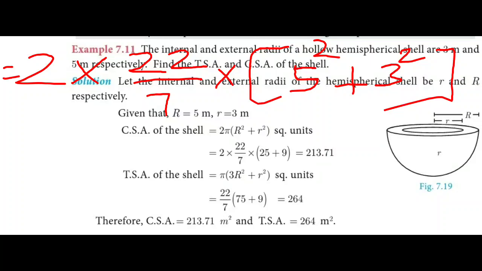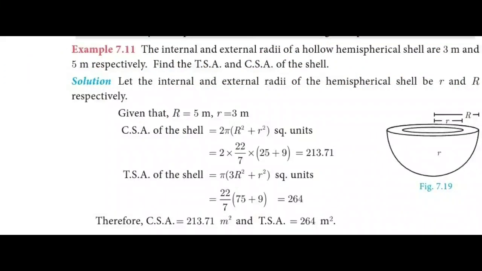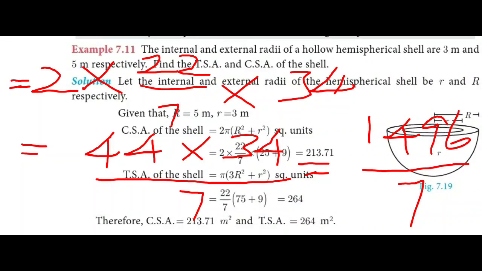Then 2 into 22 divided by 7 into (5² + 3²), since π is equal to 22 divided by 7, R is equal to 5 and r is equal to 3. Then 5 squared is 25 plus 3 squared 9, so 25 plus 9.